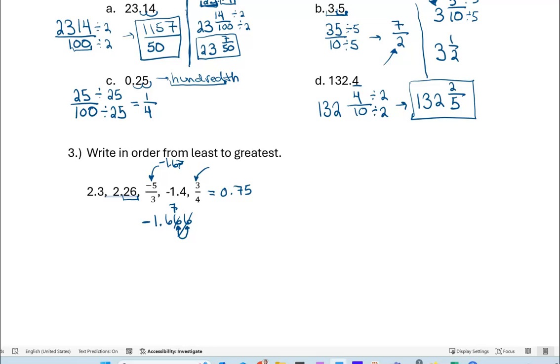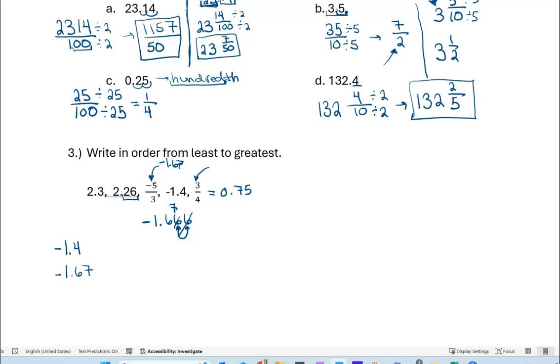Okay, so negative values will always be the smallest. So let's look at the negative values I have. I have -1 4/10, and I have -1 67 hundredths. Negative numbers are smaller the further they are from 0. So if you look at a negative number and it looks bigger, so in this case, if these were positive, right, 1 67 hundredths would be bigger than 1 4/10.